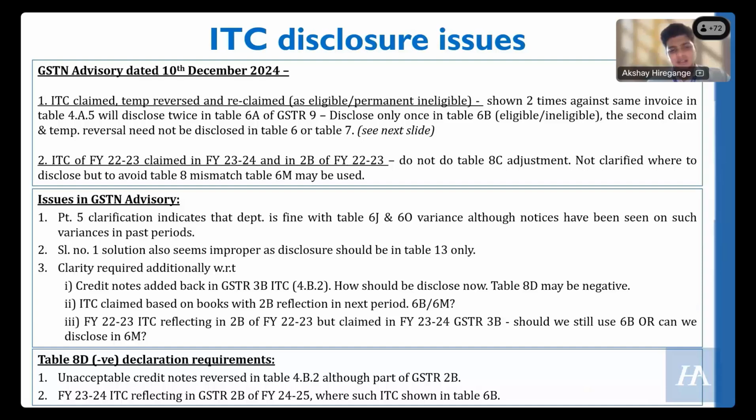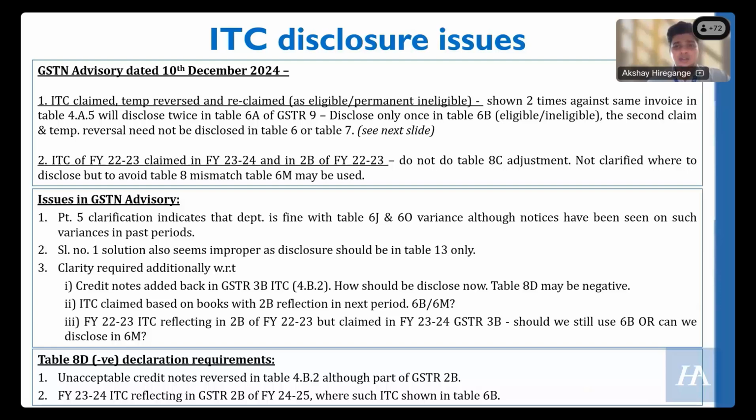When I say declaration, this is a simple Word document on the letterhead of the taxpayer with the authorized signatory signature having the details of these transactions. This can be made into PDF and uploaded along with the documents when you are filing the 9C. So when you are filing 9C, you are supposed to upload the balance sheet and P&L.